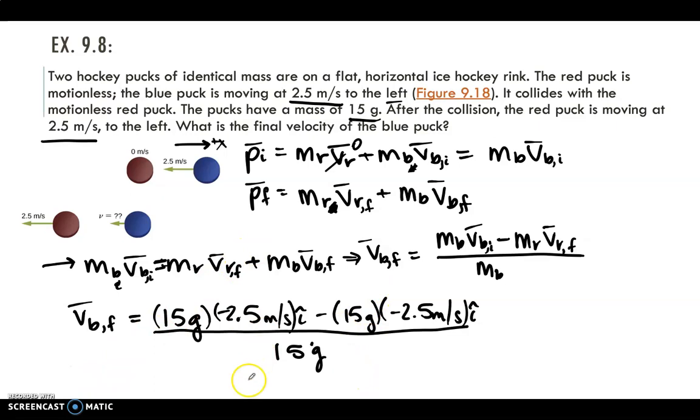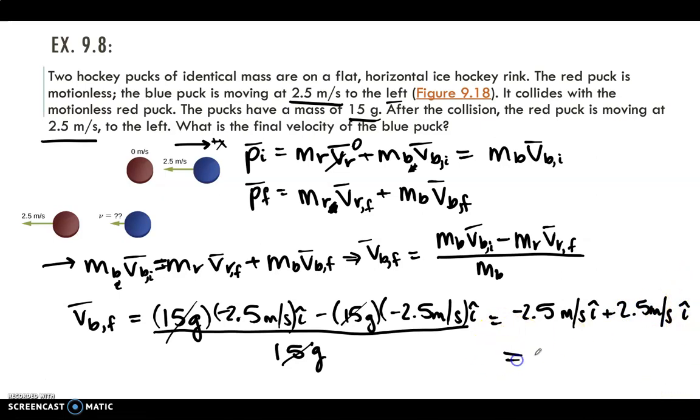So now we can even see from here, if all of our masses are the same, they just kind of cancel out. So we have 15, 15, 15. They all cancel, and so we have a negative 2.5 meters per second I hat plus 2.5 meters per second I hat.